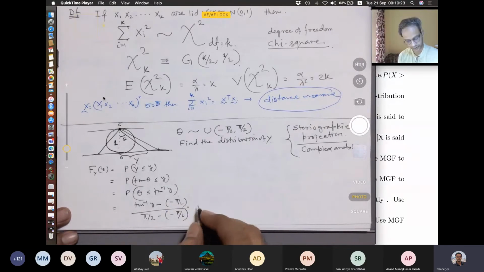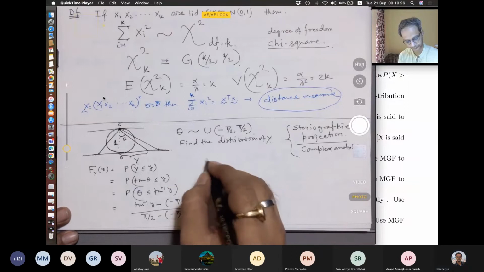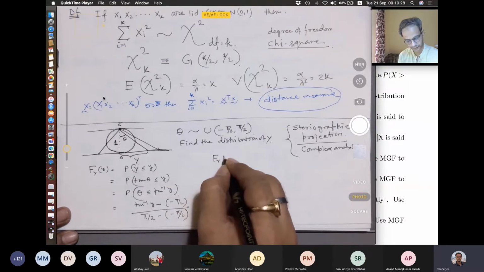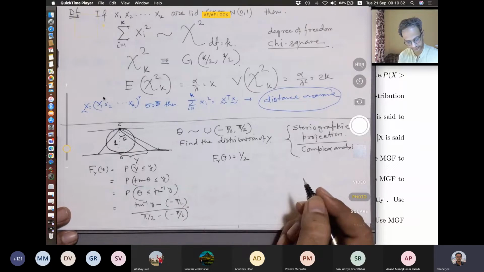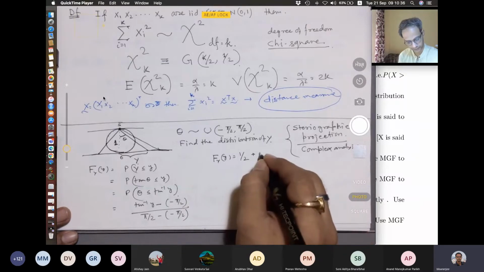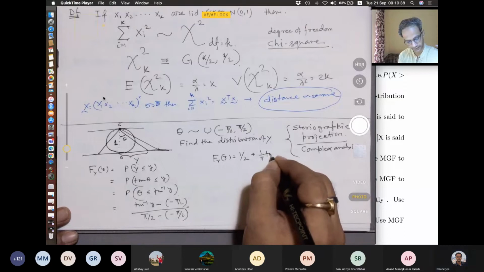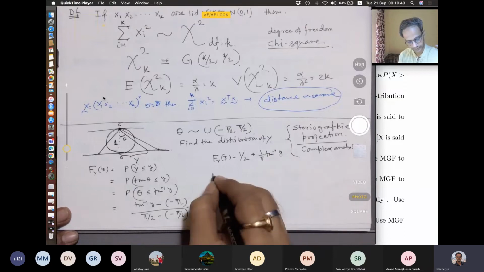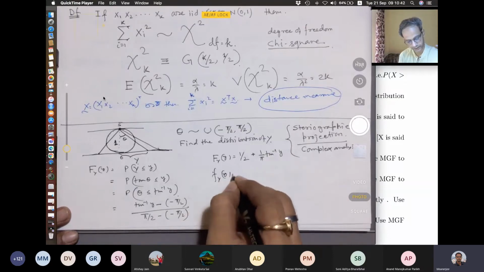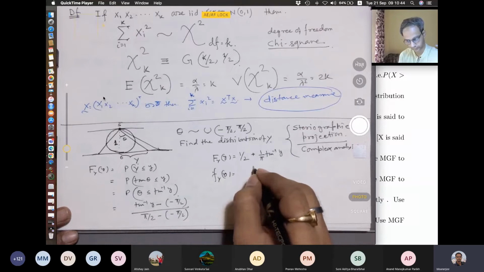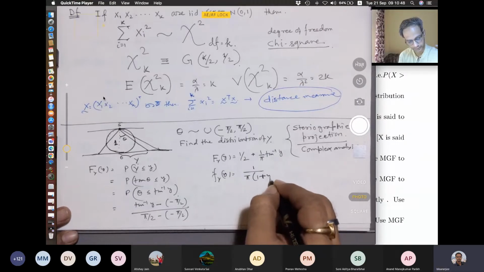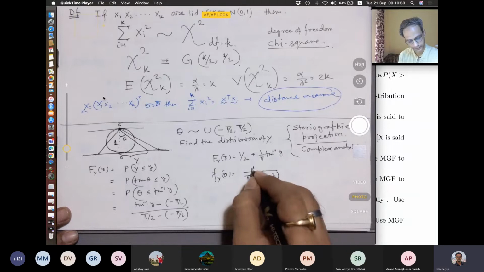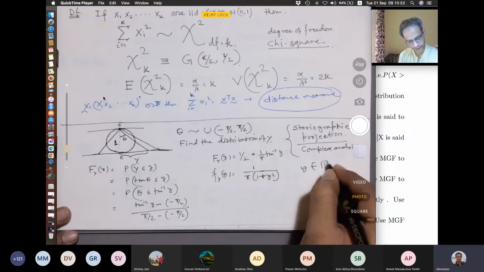So this quantity F(y) is eventually coming as half plus 1 by pi tan inverse y. So small f(y) is 1 upon pi times 1 plus y square, and y belongs to the entire real line.